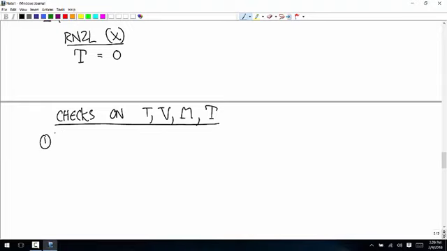First, at each point, the derivative of the bending moment with respect to x is equal to the shear force.